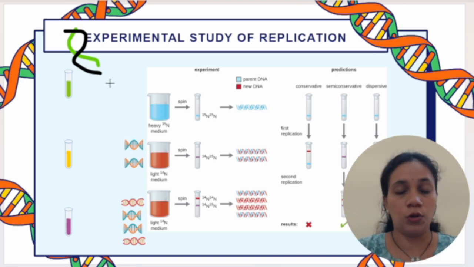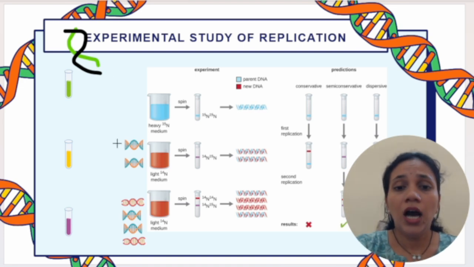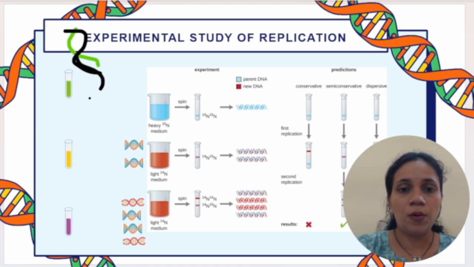There was no other molecule, but now there was a shift. They had used N14. So after separation of the strands, the parental strand will have N15. This strand will have N15, right?